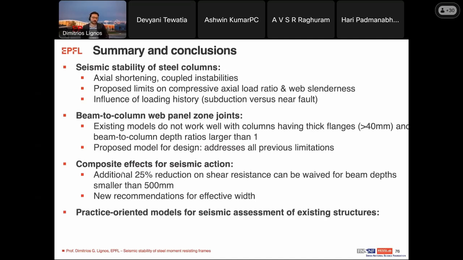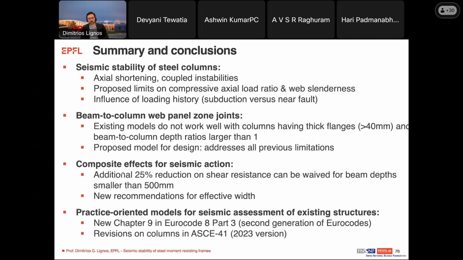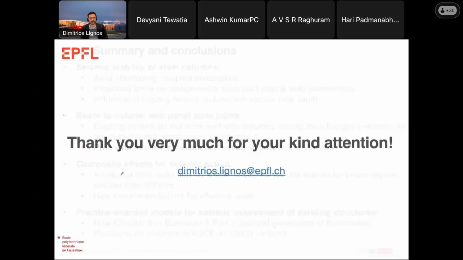And finally, I showed you a small snapshot on practice-oriented models for seismic assessment of existing structures, which essentially provide the basis for the new Chapter 9 in Eurocode 8 Part 3, which relates to the second generation of Eurocodes, as well as current revisions on columns in particular in ACI 41 that relate to the 2023 version. So with that, I think I'm right on time.